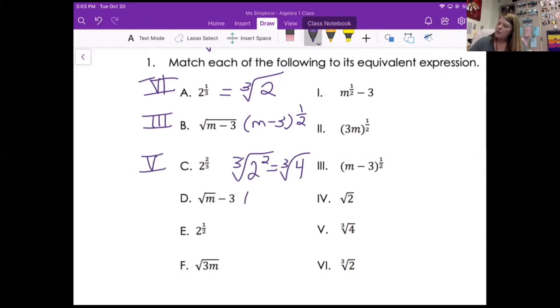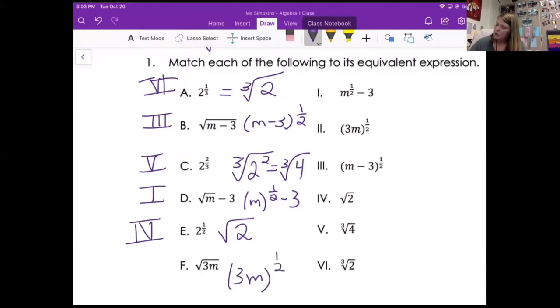D, m to the 1/2 minus 3 is 1, or I. 2 to the 1/2 is the same thing as the square root of 2, which is IV, or 4. And then F is 3m to the 1/2 power, which is 2.